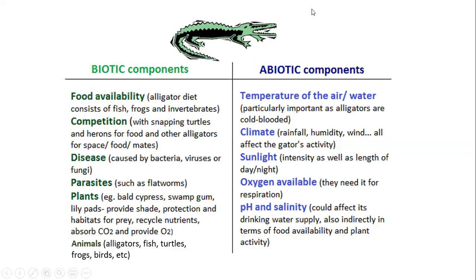This is particularly talking about what might affect this alligator. Some abiotic components that might affect the alligator are temperature of the air or water. So they are ectothermic, they can only live in the southeast. The climate, sunlight, the amount of oxygen, and even pH and salinity.